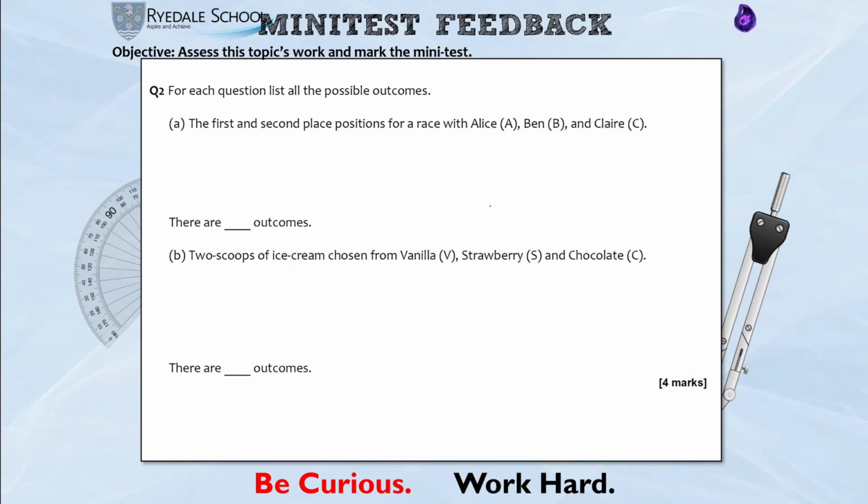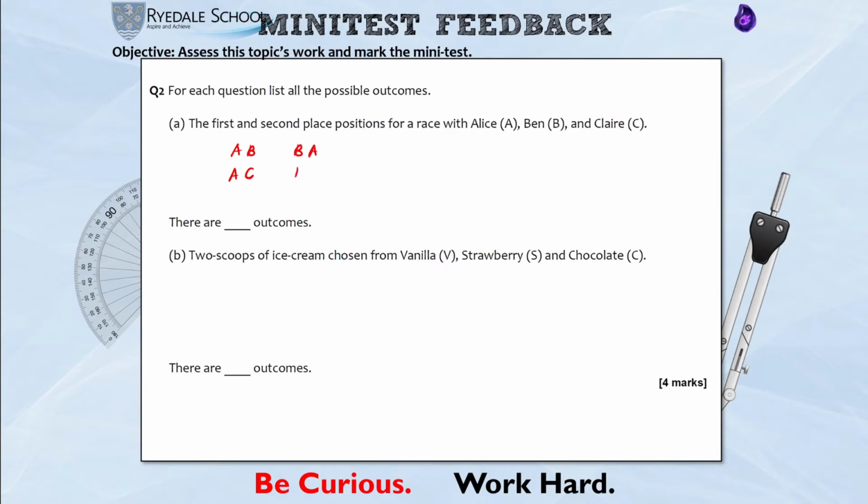Question number 2, it says for each question, list all the possible outcomes. The first and second place positions for a race with Alice, Ben, and Claire. Okay, so we could have Alice come in first and Ben come in second, or Alice come in first and Claire come in second, and so on.